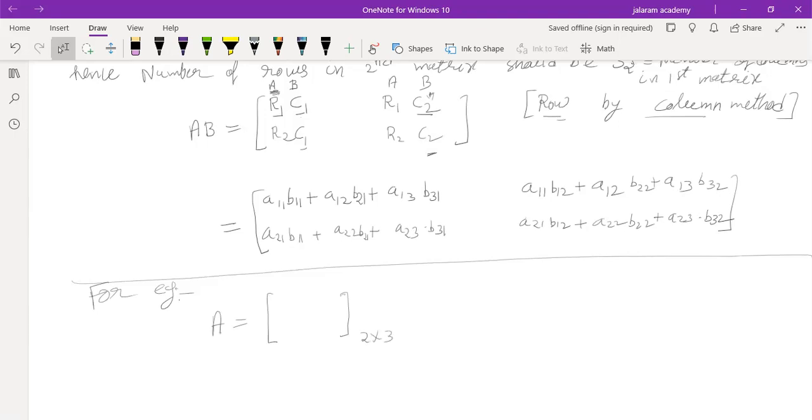First matrix of order 2 cross 3, means having 2 rows. First row containing 3 elements: 5, 1, 3.